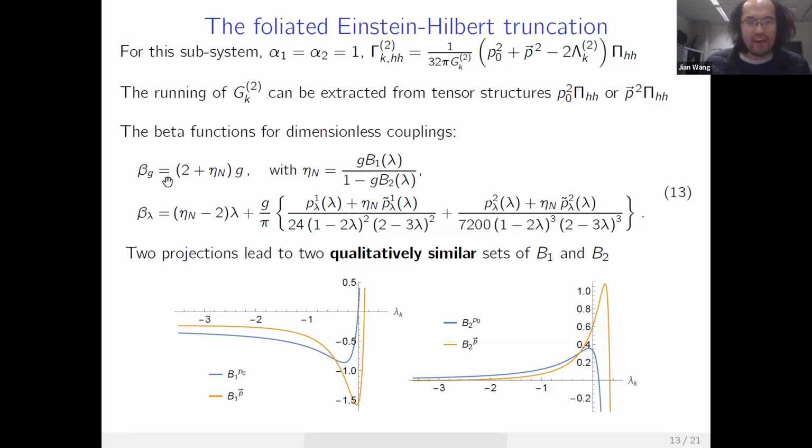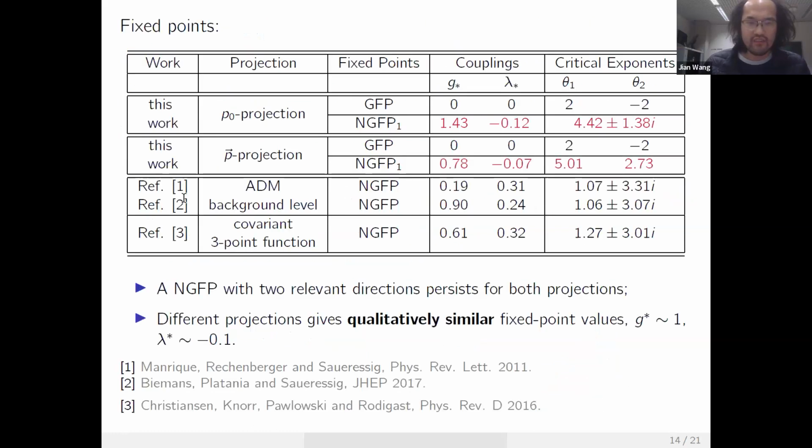Now with our beta functions, we can solve for the fixed points. We just give the result here. For the P0 projection, we can find a Gaussian fixed point and several non-Gaussian fixed points. Here we only keep the ones with positive Newton coupling.